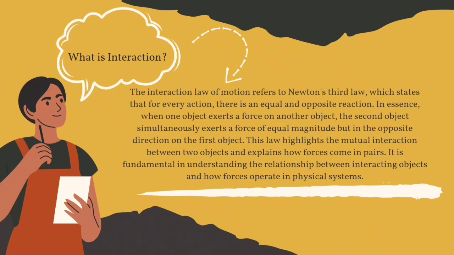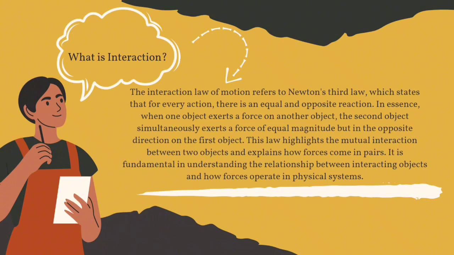This law highlights the mutual interaction between two objects and explains how forces come in pairs. It is fundamental in understanding the relationship between interacting objects and how forces operate in physical systems.